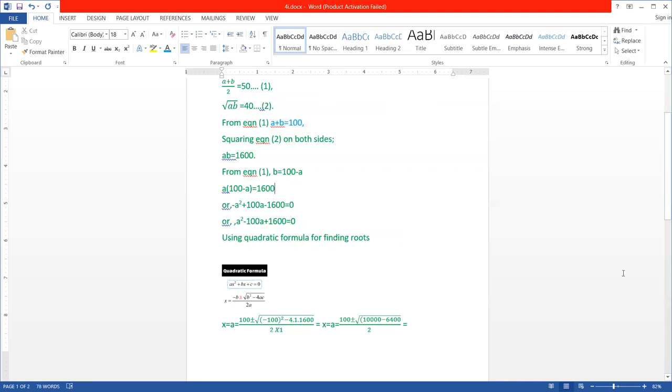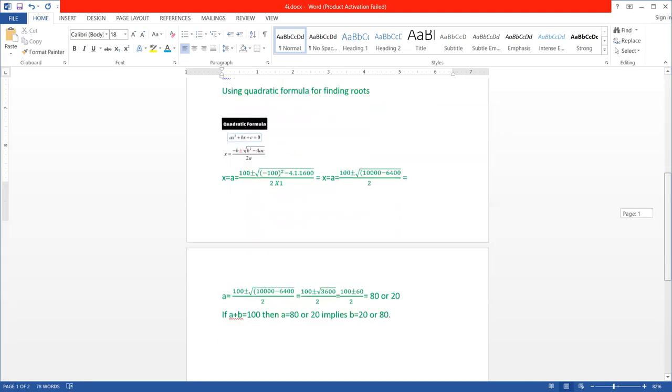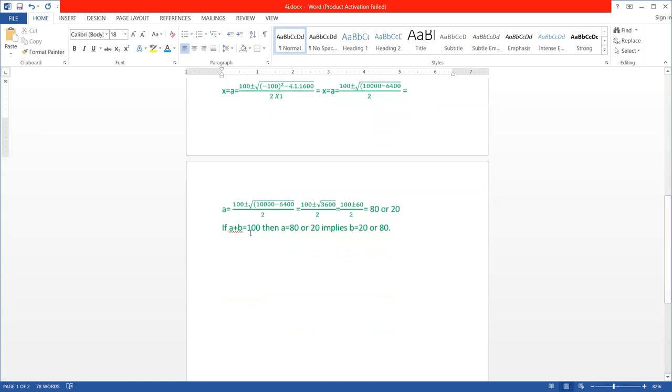So we are using this A plus B equals 100 as a linear equation in two variables A and B. And when A equals 80, then by trial we get B equals 20, and when A equals 20, we get B equals 80, because their respective sum, 80 and 20, should be 100, and 20 plus 80 should be 100 to fulfill this linear equation in the two variables A and B.